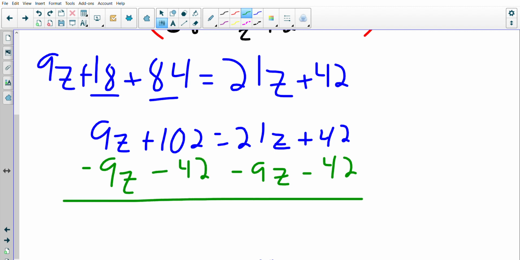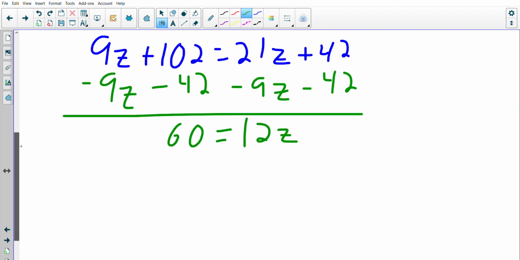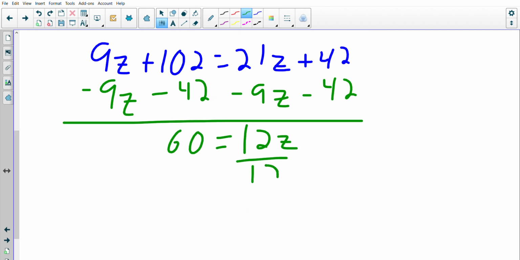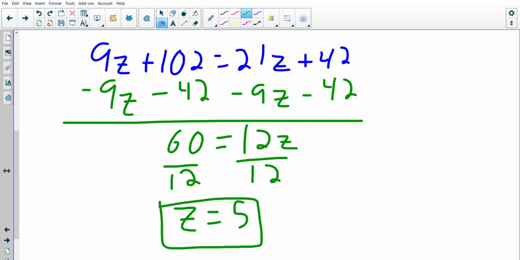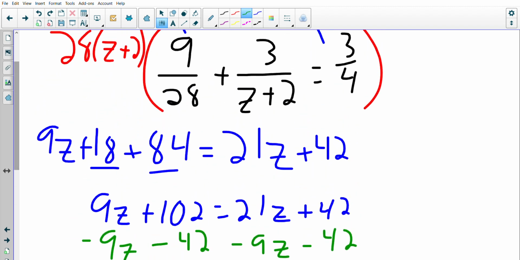So we end up with 60 is equal to 12z. And then solving for z, divide by 12. So z is equal to 5. And from there, I'm just going to grab a calculator, plug it in, and we get 9 over 28 plus 3 over 7. And after plugging in, we see that it is equal to 3/4.